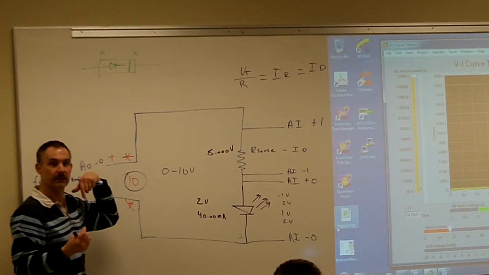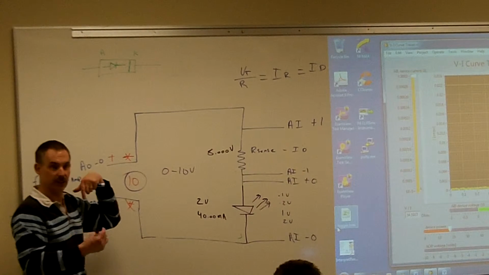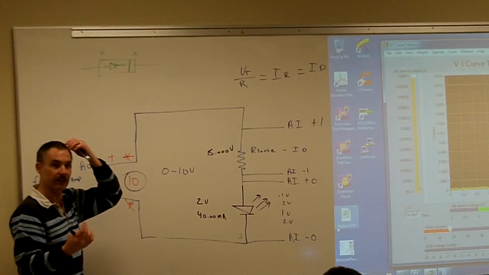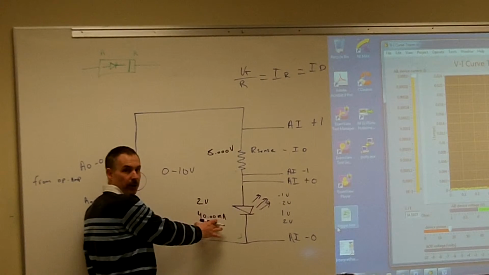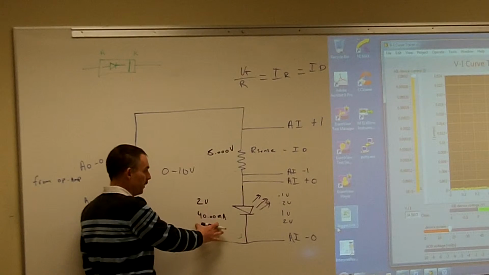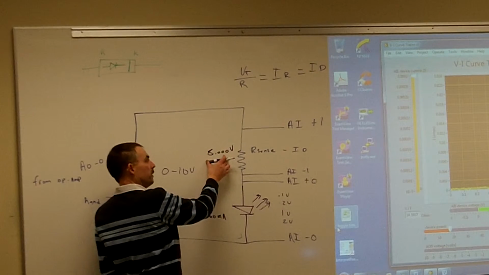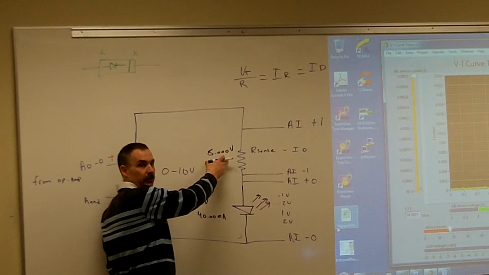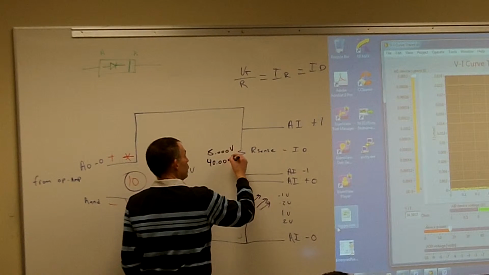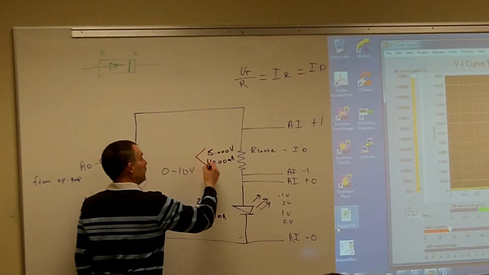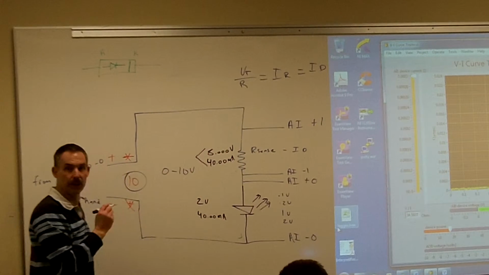It's a series circuit. So what remains constant in a series circuit? Current. So if I don't have more than 40 milliamps of current going through my diode, what's going to be my maximum current going through my resistor? 40 milliamps.